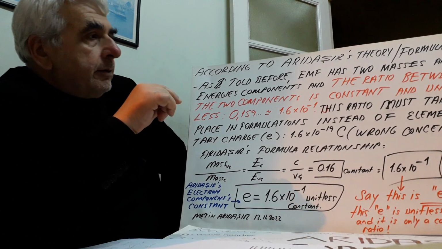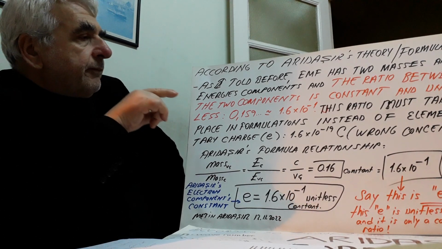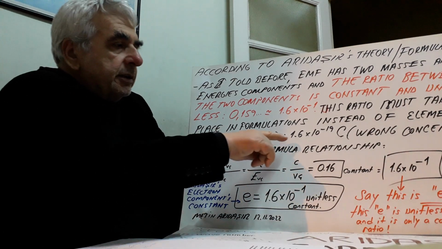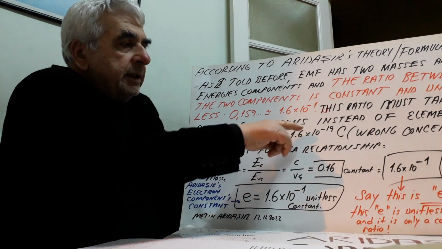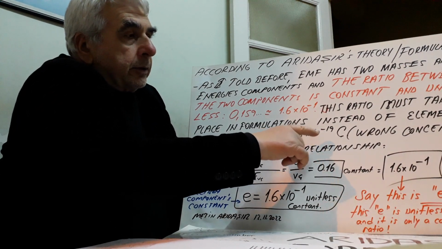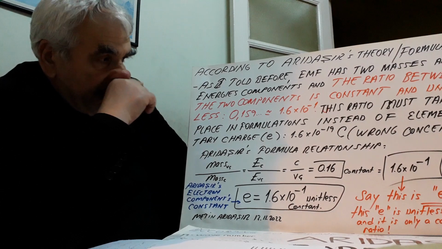This ratio must take place in formulations instead of the elementary charge e equal to 1.6 10 to the minus 18 Coulomb. Wrong concept.